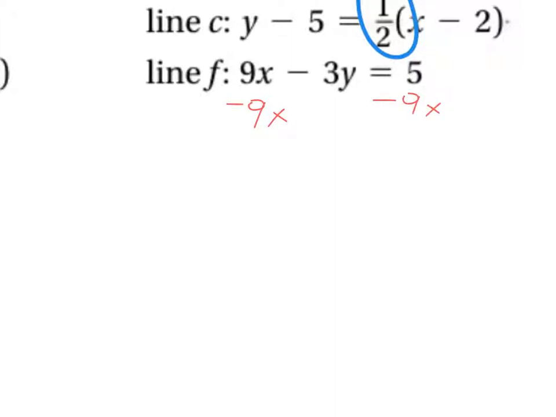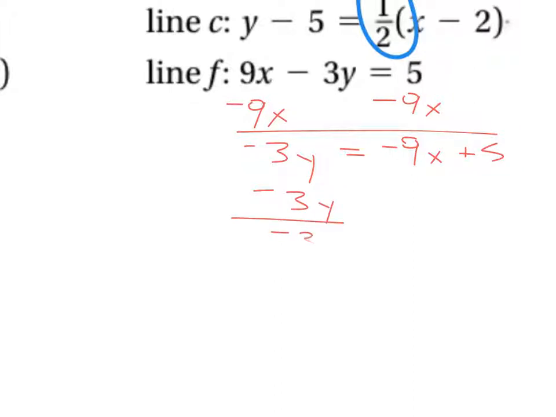What I'm going to do is I'm going to write this into slope-intercept form. -3y equals -9x plus 5. And then I got to divide both sides by -3. -3y divided by -3, because what that'll do is it'll just give us y equals, and that's what we need in order to be talking about slope-intercept form.